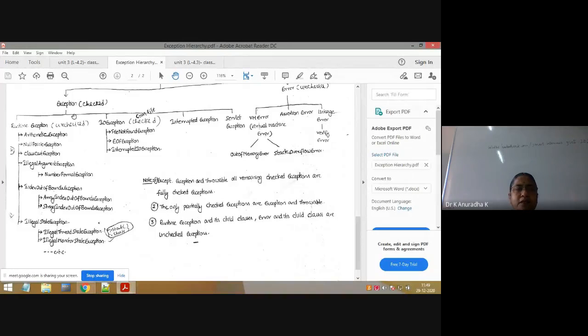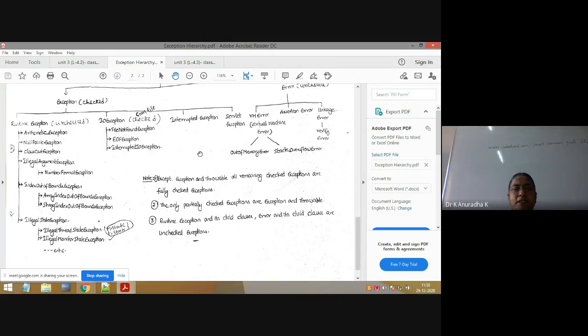After that, under exception, some more exception classes are also there, which are the subclasses of this exception class, but you need not remember all these. It is difficult to remember the checked exceptions. There may be more than 100 also, I don't know exactly, but there may be a large number of checked exception classes.